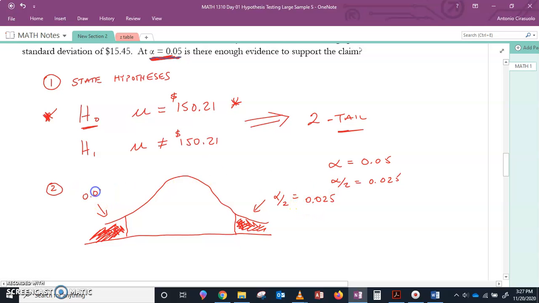So keeping that in mind, we're going to go find the values for Z when our area in the tail is 0.025. Well, if the area in the tail is 0.025, that would mean the area from here to here is 0.475. And I'll put a 0 there as well, and likewise here.